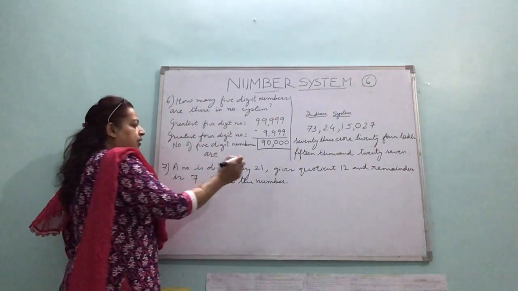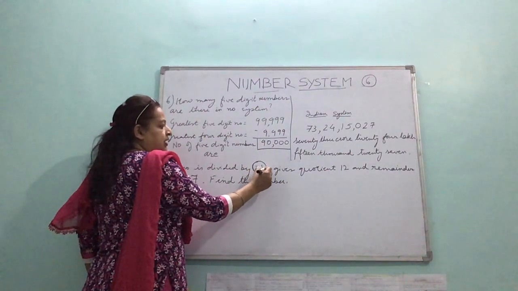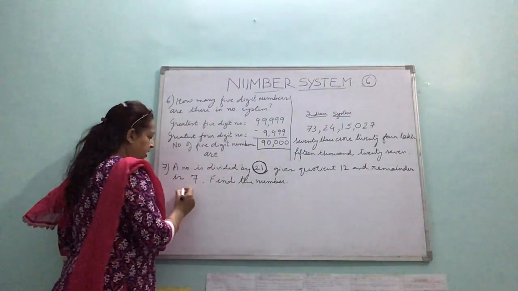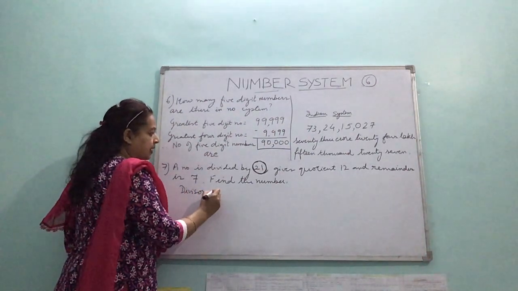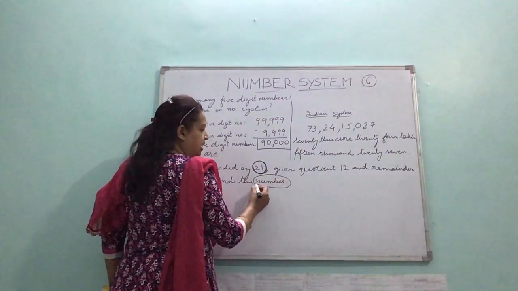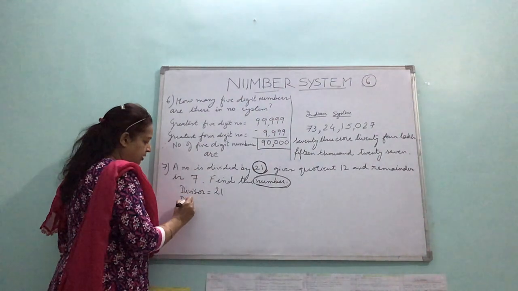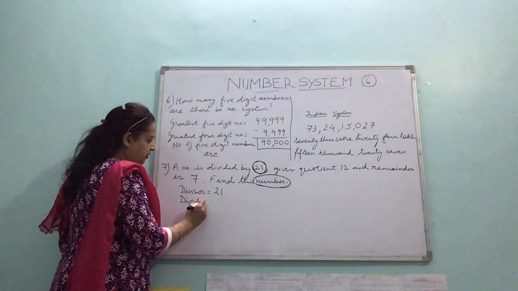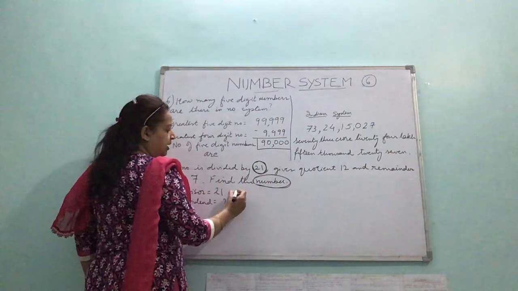So the number which divides is called the divisor. So we have divisor is 21. The number which is divided is the dividend, which is not known. Quotient and remainder are already given.